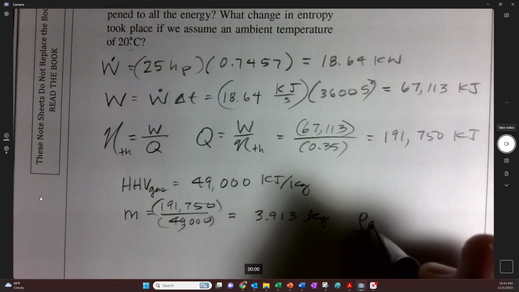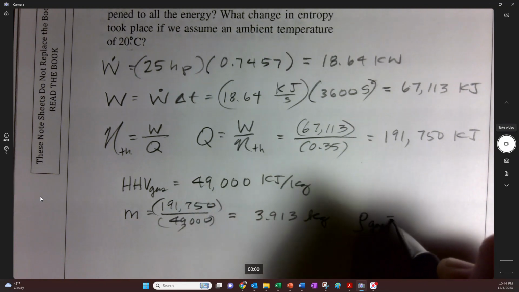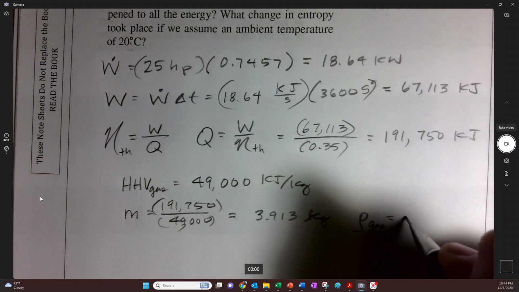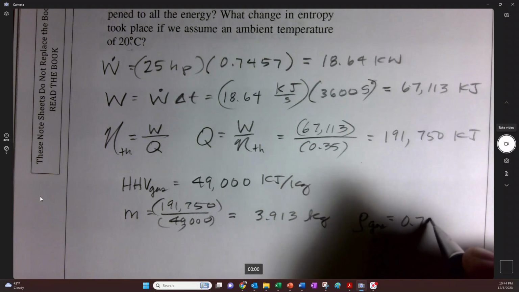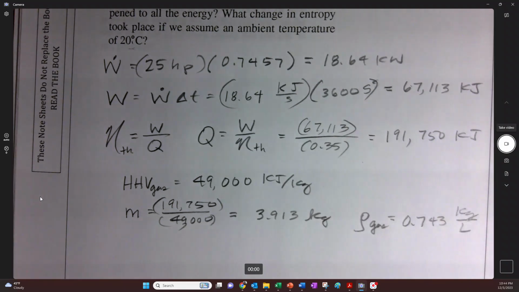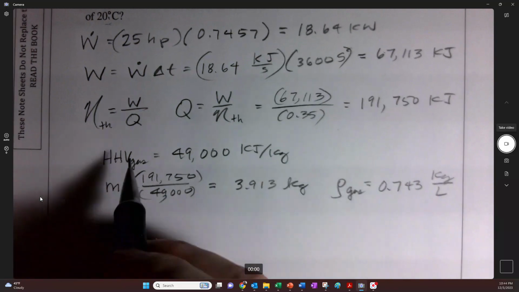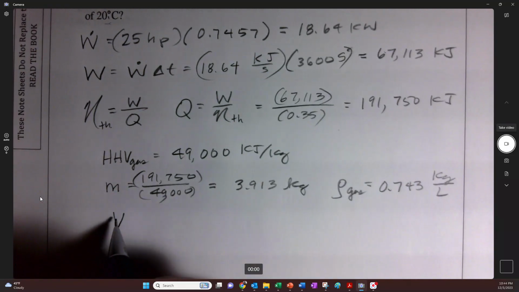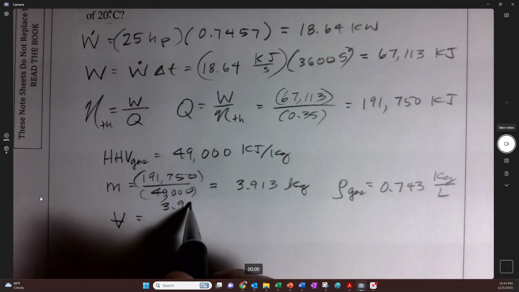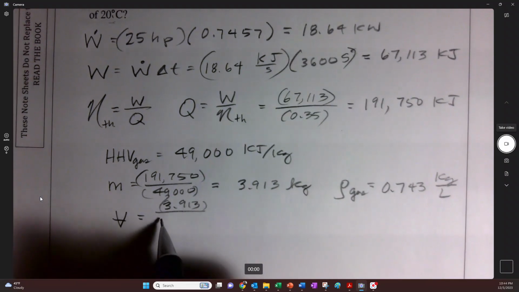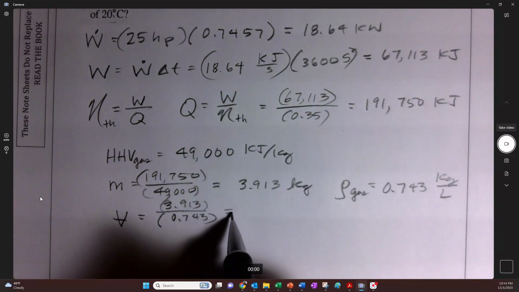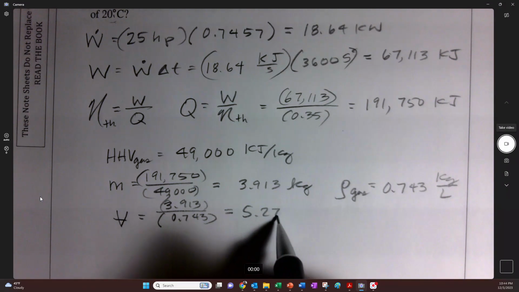So let's get the density of gasoline. Being lazy and calling it gas, 0.743 kilograms per liter is what I found somewhere for gasoline. So that means the volume that we would get would be 3.913 kilograms divided by 0.743, and I would end up with 5.27 liters.